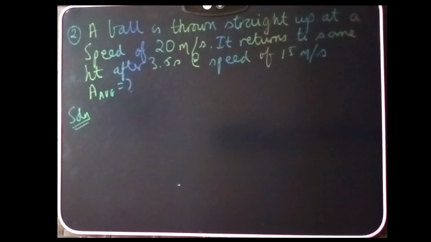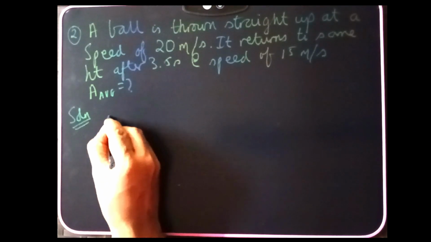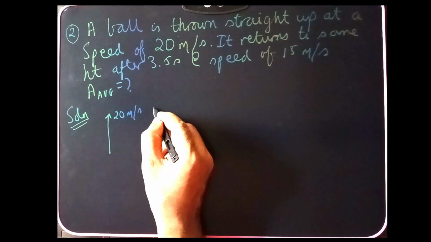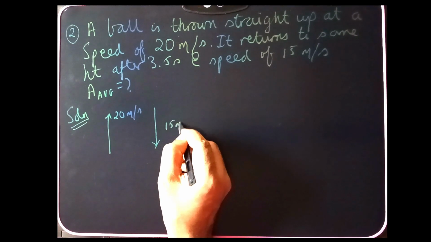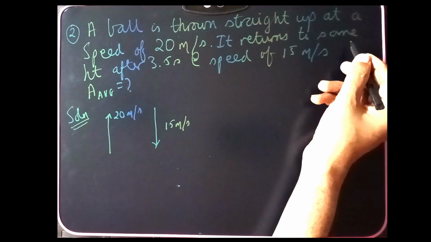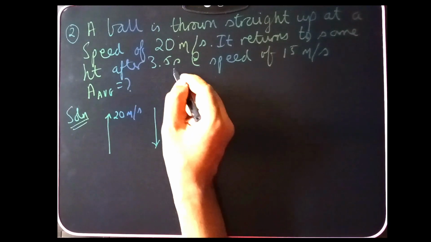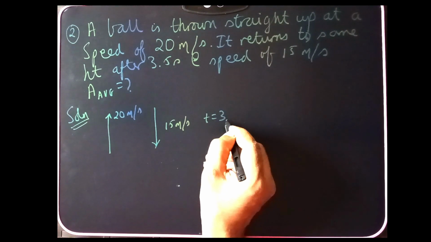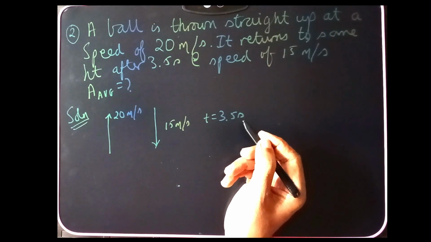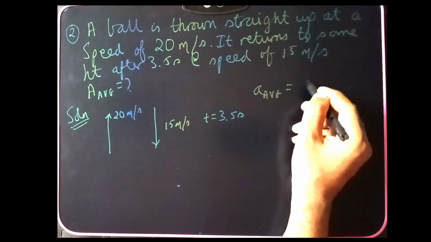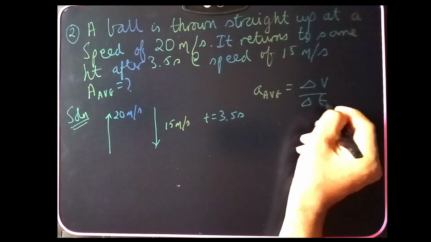Take a minute and try to solve first. What is given here? Thrown up at 20 meter per second, and while returning down, it is 15 meter per second. It returns to the same height after 3.5 seconds. That means the total time taken is 3.5 seconds. So average acceleration is change in velocity by change in time.